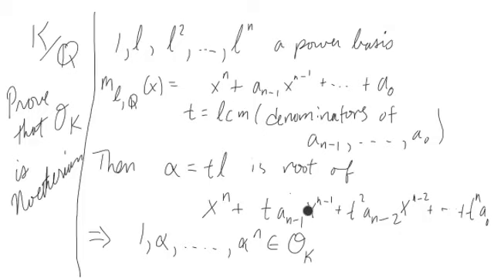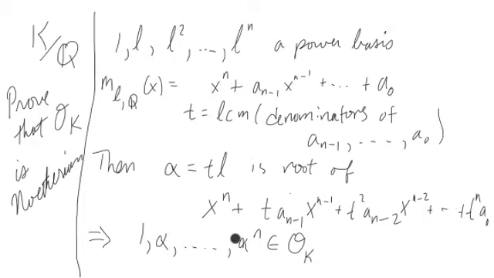Here, you get t to the n times a n minus 1 times L to the n minus 1. Basically, we're going to get this exact same polynomial when we plug this in, except just multiplied by t to the n, which would work. So we would get that this is a root of that.